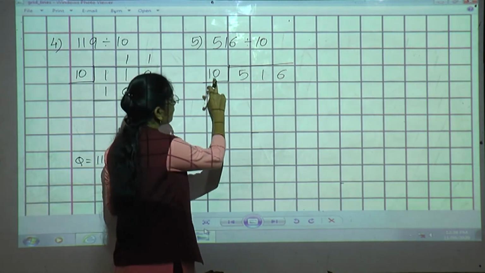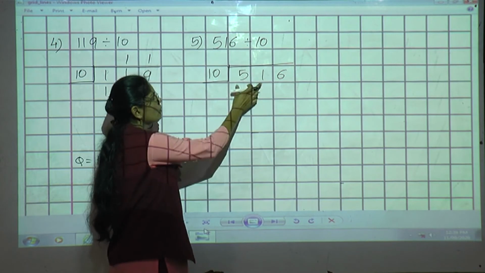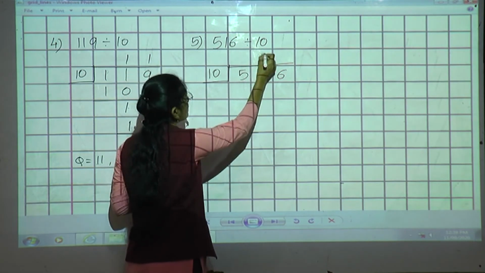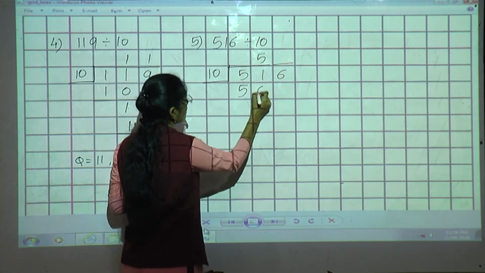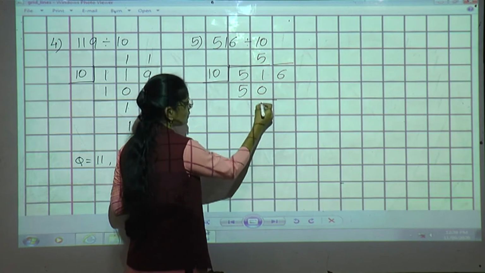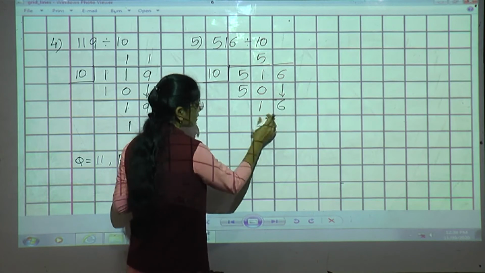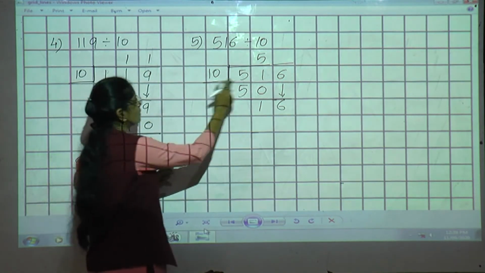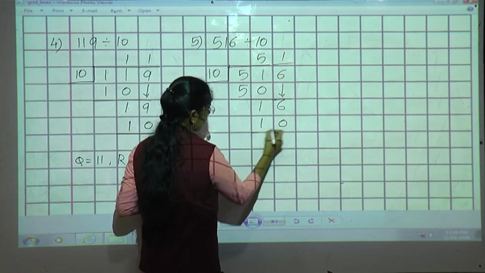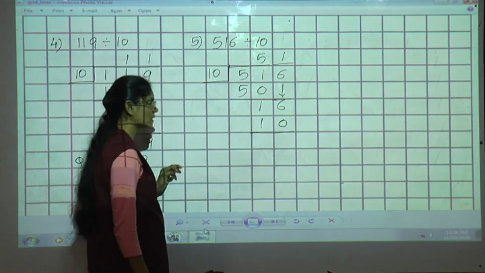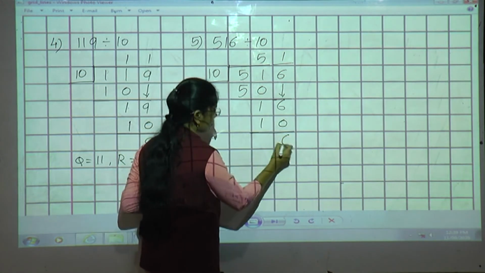Now see the table of 10. In the table of 10, 51 is not there. 10 5s are 50. Now 51 minus 50, 1. In the next step, this 6 will come down. So here we have 16 now. Again 10 ones are 10. Yes, because 16 is not there. Now 16 minus 10, 6.